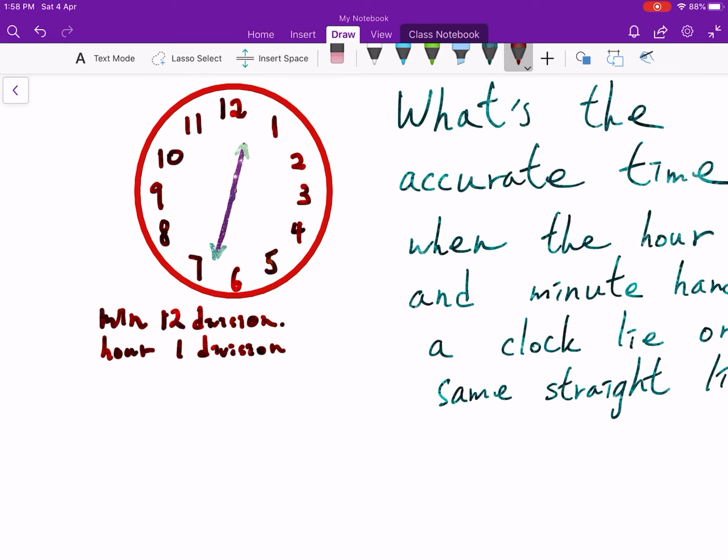Or I can show you another example. When the minute hand moves 60 minutes, our hour hand will move 5 minutes. Why? Because from 12 o'clock to 1 o'clock, the minute hand needs to move a full circle, and then the hour hand will move to 1. Moving a circle means 60 minutes, and moving from 12 to 1 means 5 minutes.